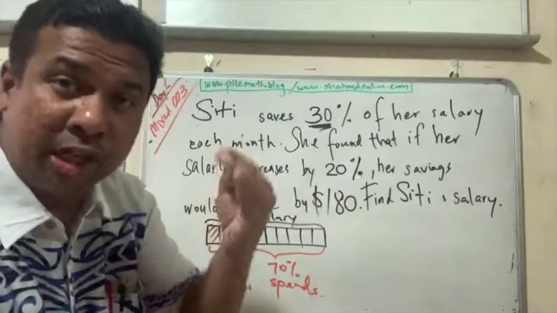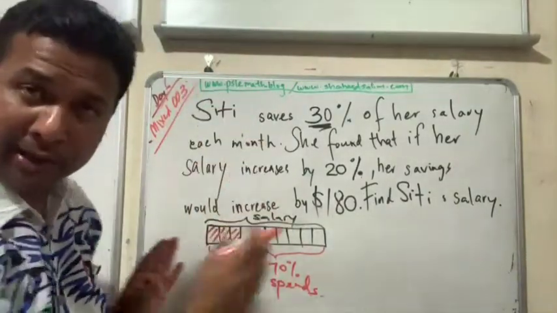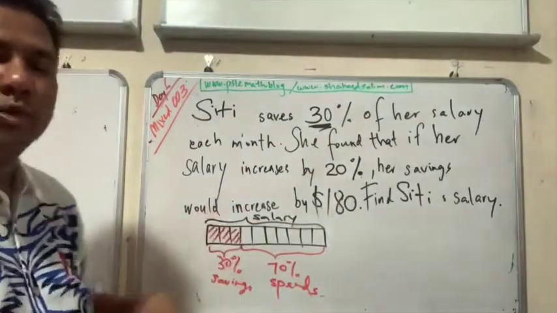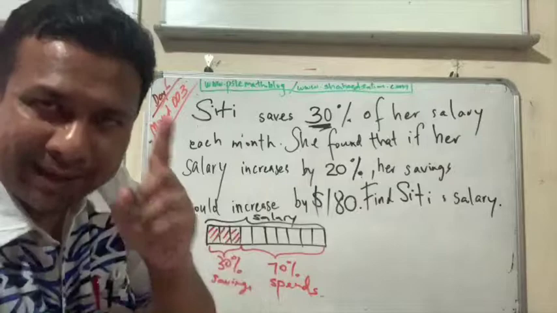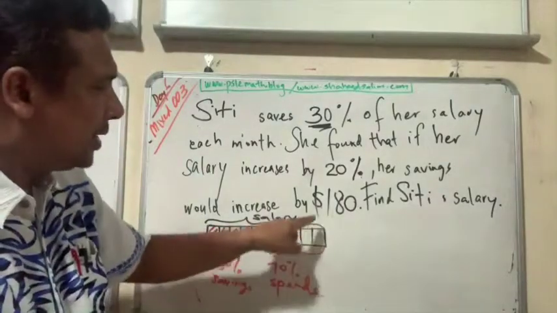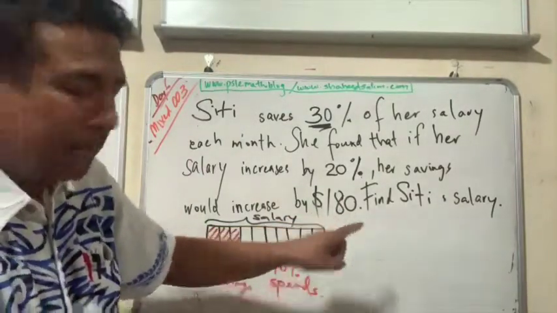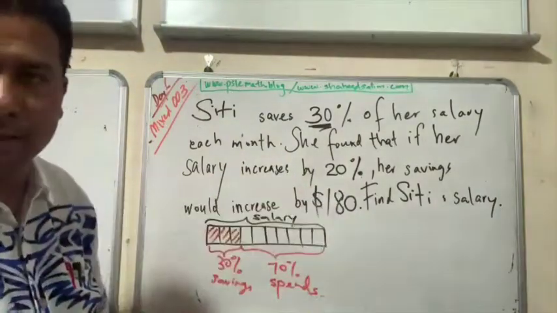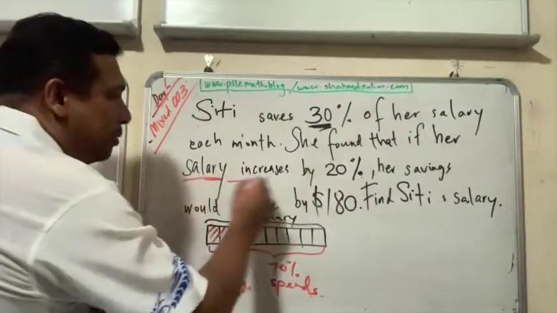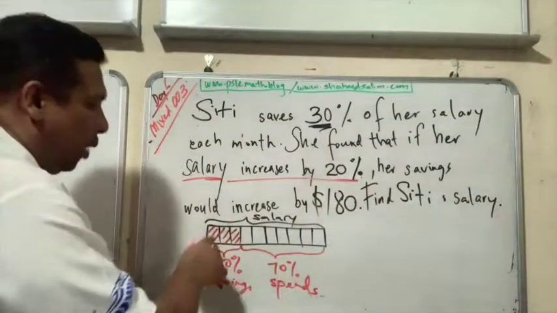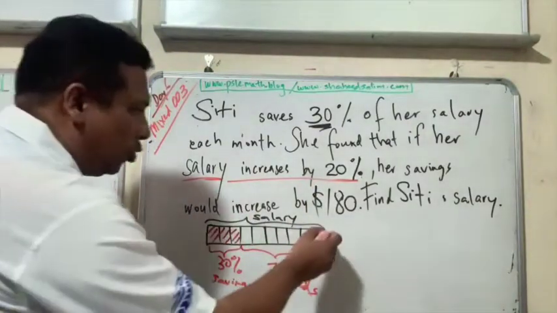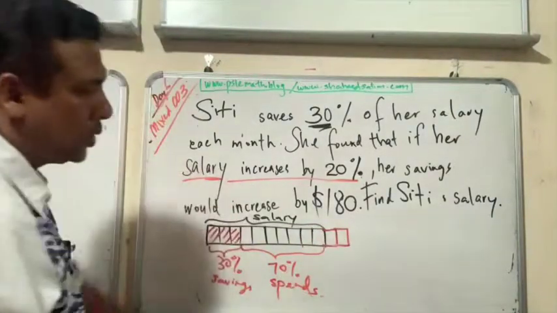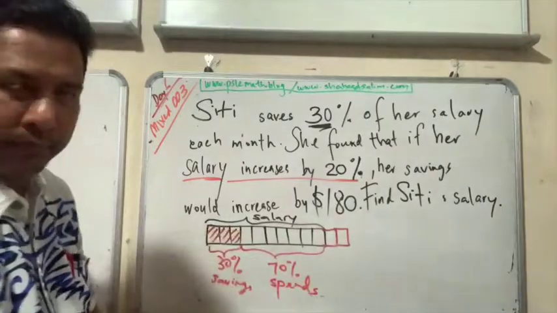We are imagining that if her salary were to increase by 20%, her savings would also increase, and the increase in her savings is equal to $180. But let us now draw the units to show the increase in salary. The salary increases by 20%, so if 1 is 10%, let's add another 2 more units. So this is 10%, 20%.